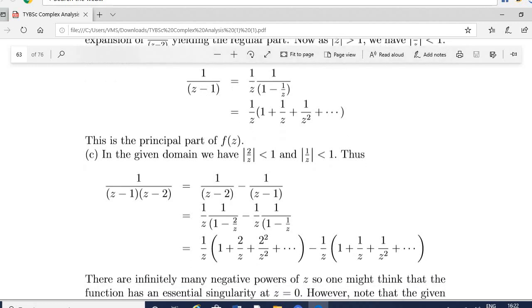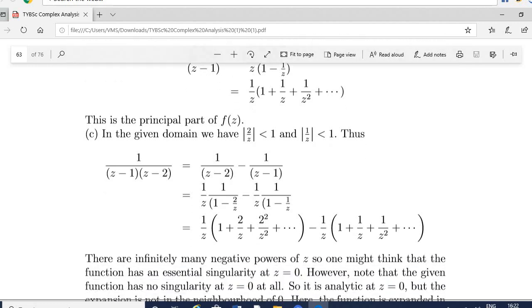So now the third part is the domain mod z bigger than 2. So mod z bigger than 2 means it is bigger than 1 also. So 2 by z is less than 1, 1 by z is less than 1. So ultimately we write our domain equation in such a way that something is less than 1. A quantity less than 1, in very vague terms, we can express by using geometric progression.